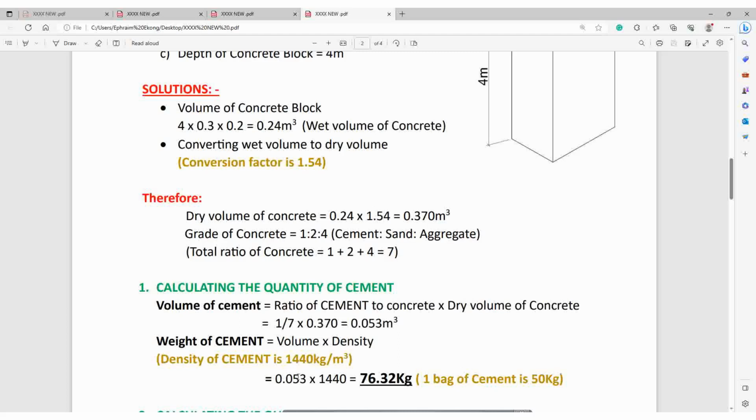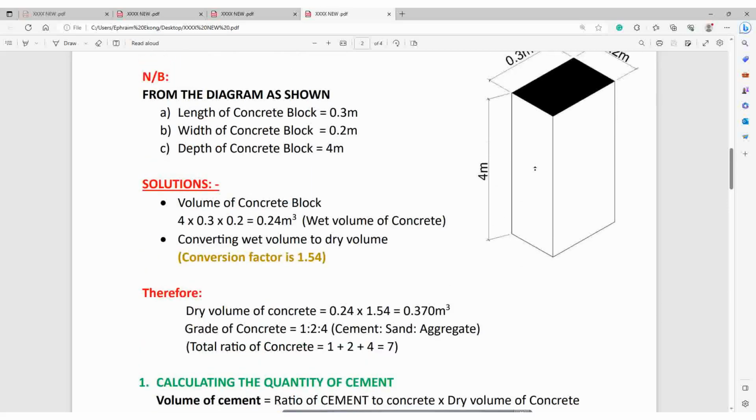So we now say the volume of cement, which is 0.053 from here, multiplied by the density of cement, 1,440, we achieve 76.32 kilogram. So this is the weight of the cement being used in this concrete work.